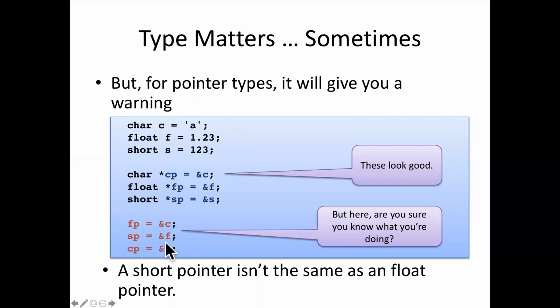I try to take the address of the float and put it in a short pointer, and so on. And the compiler is not going to like that. It's going to complain because the pointer types don't match. Even though it would happily convert a char to a float, it won't convert, at least without a cast, a char address to a float pointer.